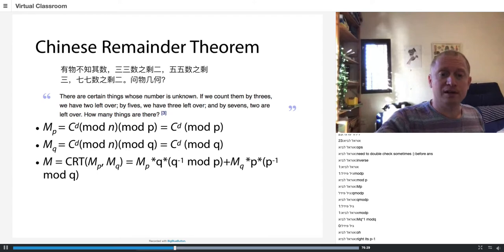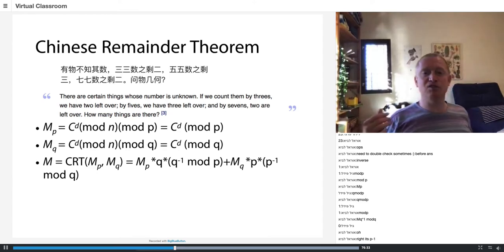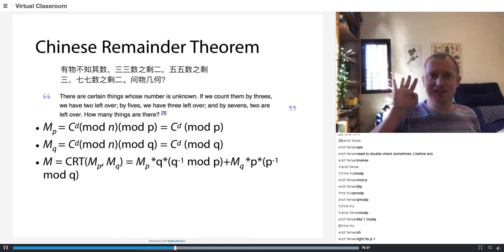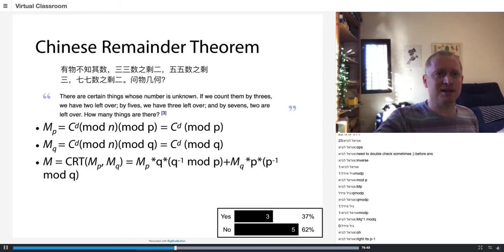So who wants me to convince them again that if I take this and reduce it modulo p, I get m sub p? Who wants me to explain again? Okay, I'm happy to explain again. No problem.